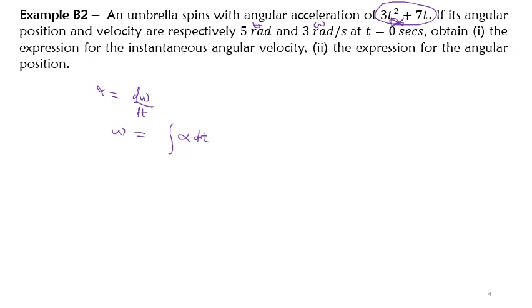And likewise, for the angular position, we can integrate the instantaneous angular velocity with respect to t, because angular velocity is dθ/dt. You integrate using that expression and obtain your value. So let's see the solution.